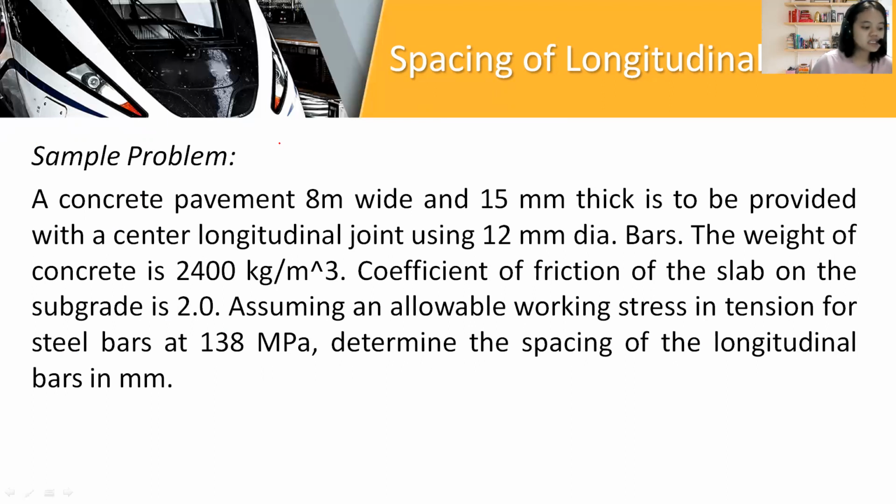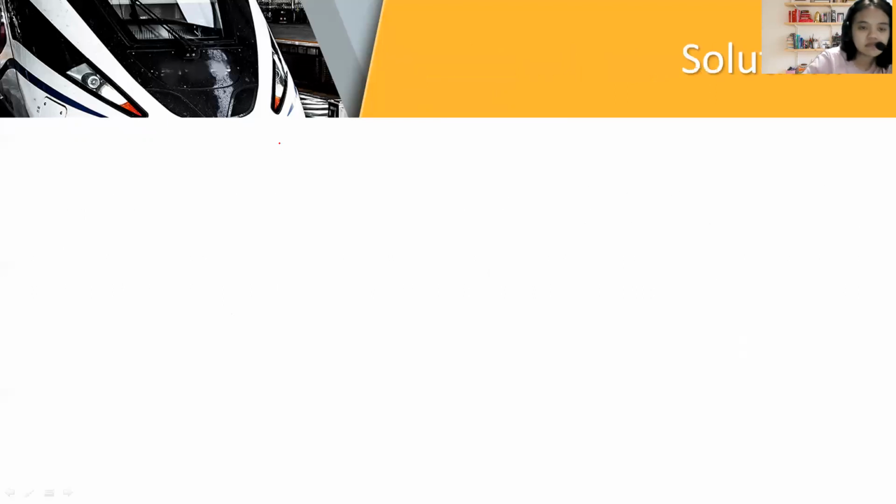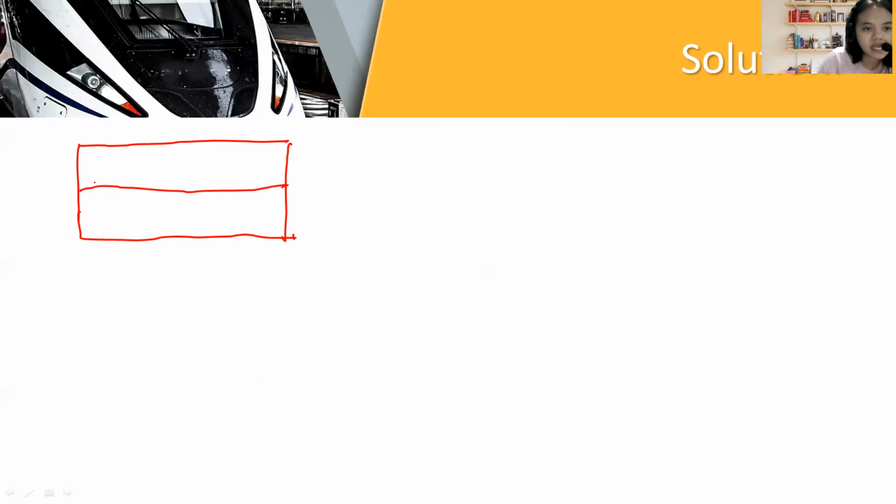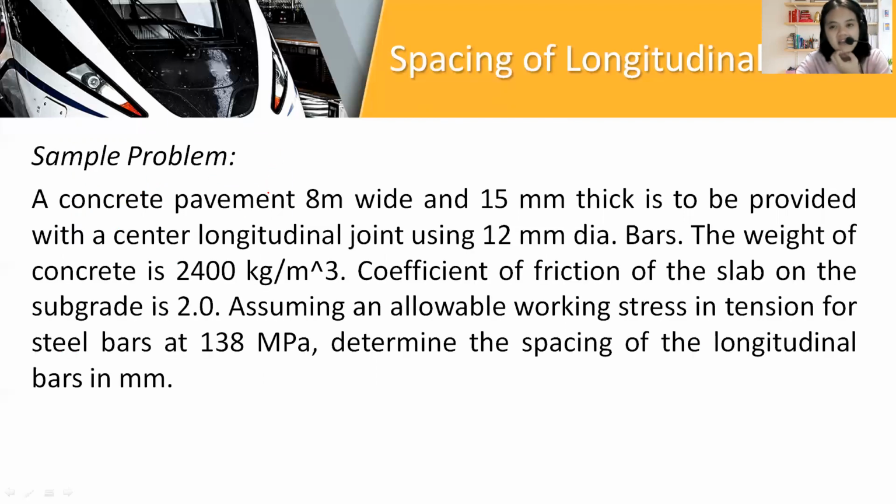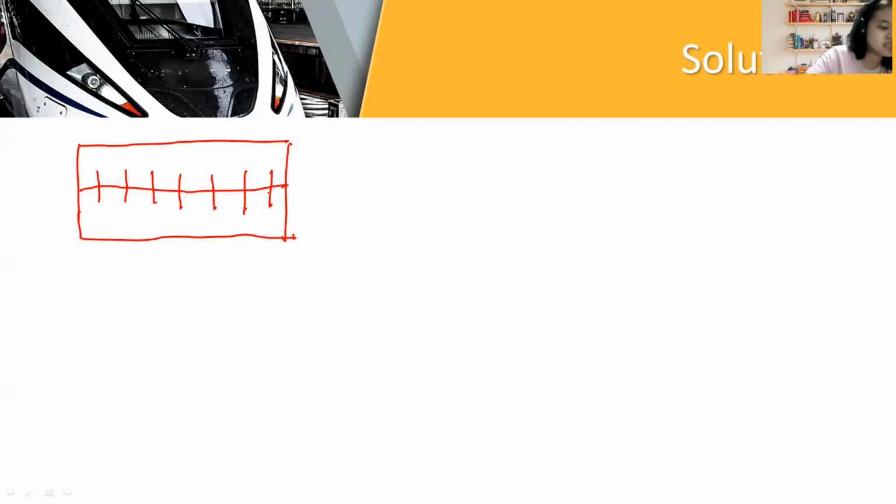So for the spacing ng longitudinal bars natin, ito ang ginagawa natin. Di ba meron tayong bar? Or for example, this is our pavement. Actually, supposedly, dalawang magkahiwalay na pavement. Yan. Maglalagay tayo ng mga reinforcement dito para hindi sila maghiwalay. Pag naglagay tayo ng reinforcement dyan, spacing yung nahanap natin, no?